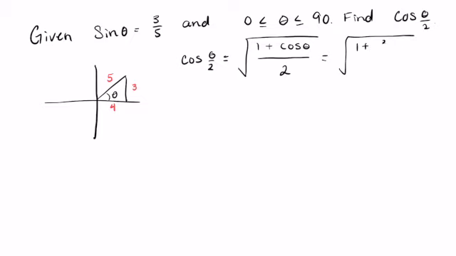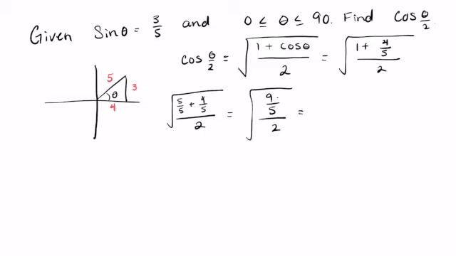So cosine is the adjacent side over hypotenuse. And we're going to just continue simplifying. So I'm going to turn that 1 into a 5 over 5 plus 4 over 5 over 2. And that's going to wind up giving me 9 over 5 over 2.